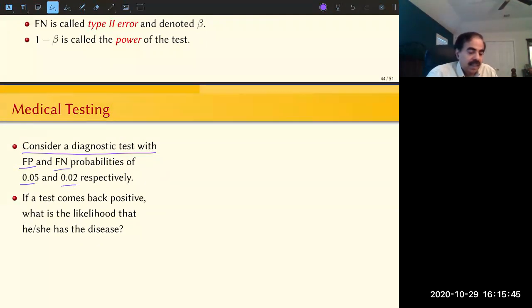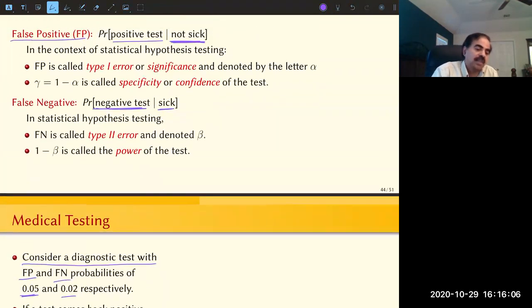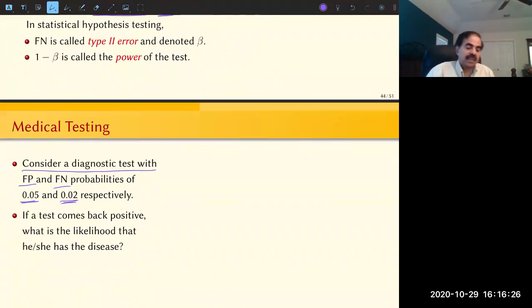So you pick a random individual and give this individual a test. If the individual is not sick, then the test has a probability of only 0.05 of coming back positive. Similarly for false negative.